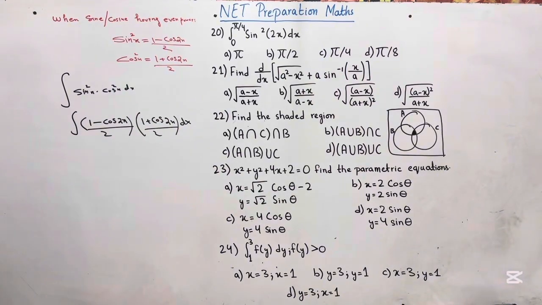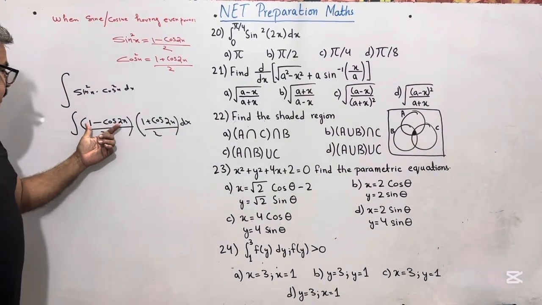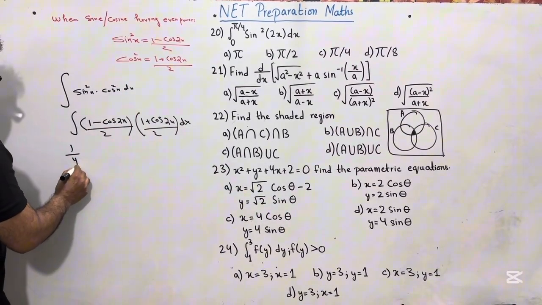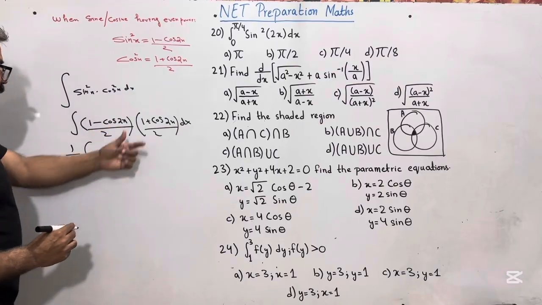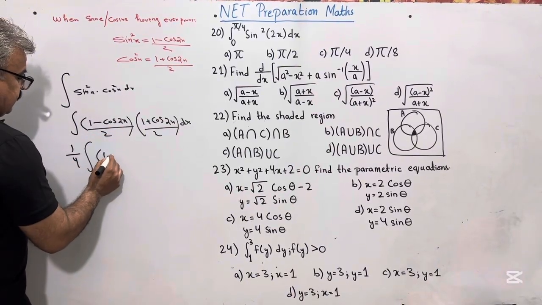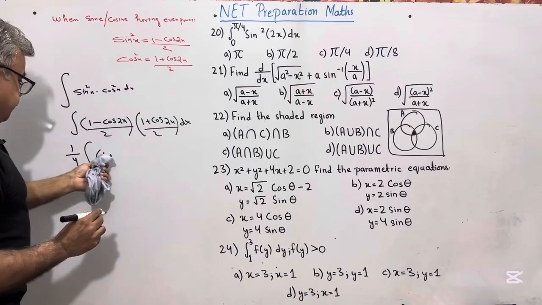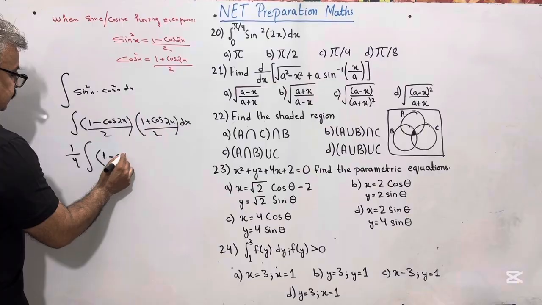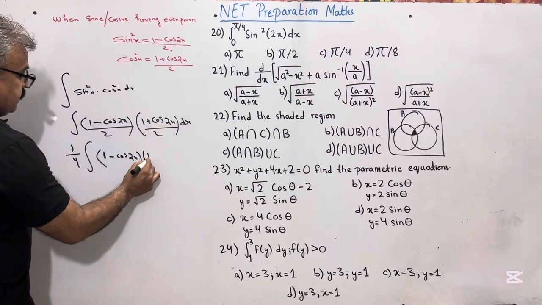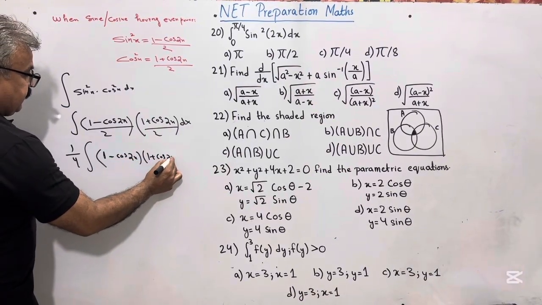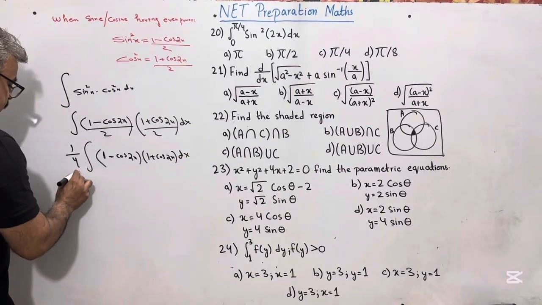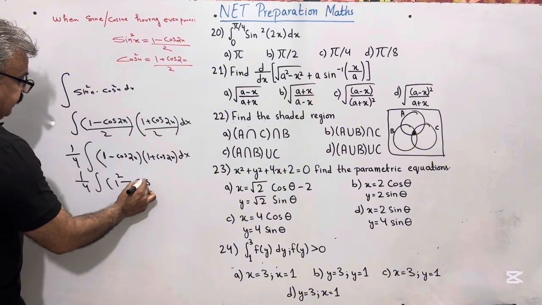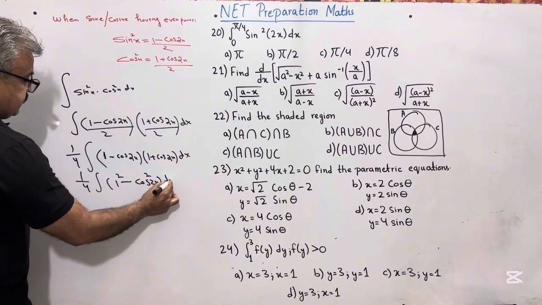This is a difference of squares situation. 2 times 2 is 4, so 1 over 4 outside. 1 minus cos 2x times 1 plus cos 2x dx. Proceeding, we have 1 squared minus cos square 2x dx.